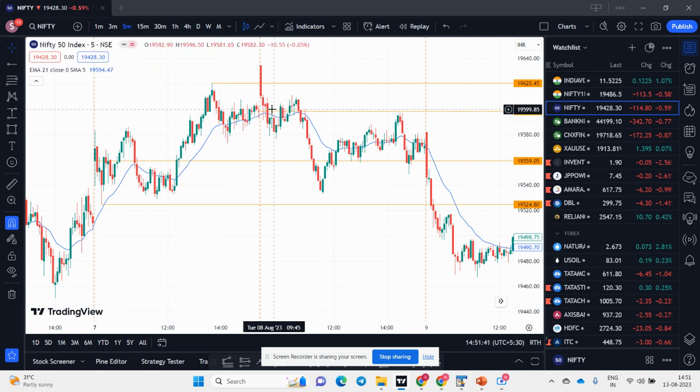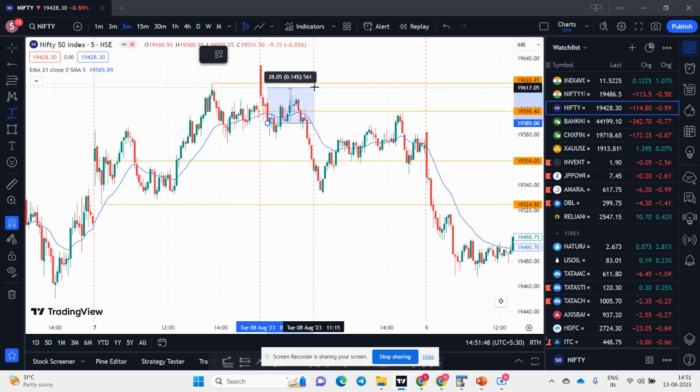If you look at it, the 30 points that we are looking for as a stop loss, it has not hit our stop loss, and it has given us close to 60 points, 50 points as a target for us.